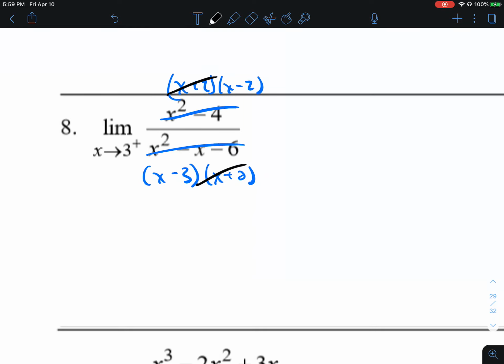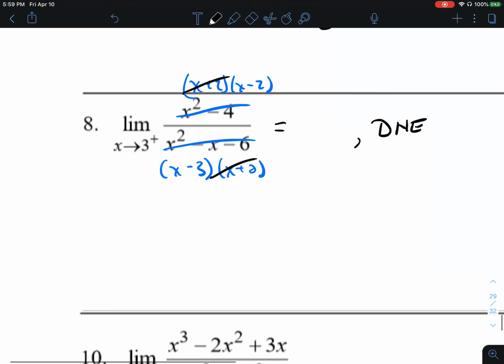X minus 3 does not cancel. This does not exist. There's a vertical asymptote at x equals 3. And if you wanted to know specifically, is this going to go up? Is it going to go down? So we could figure that out if it's negative infinity or positive infinity.